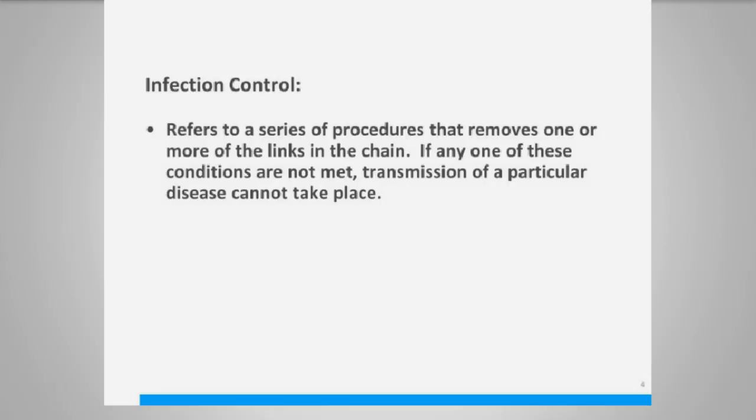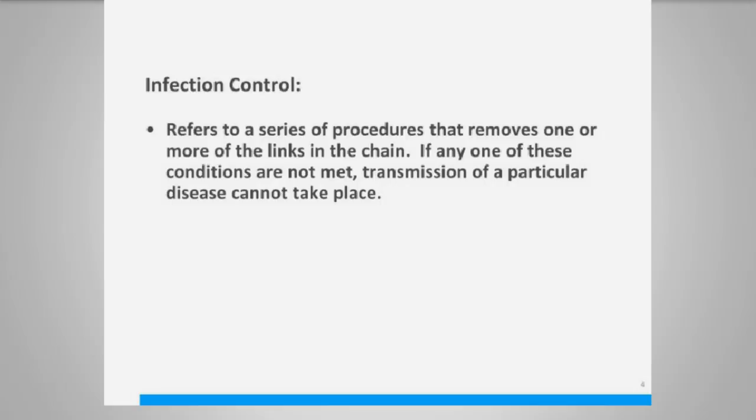Infection control strategies break the chain of infection. Through vaccination, hand hygiene, careful handling of sharp instruments, barrier techniques, and proper cleaning, especially focusing in on disinfection and sterilization procedures, you can have the safest workplace possible.